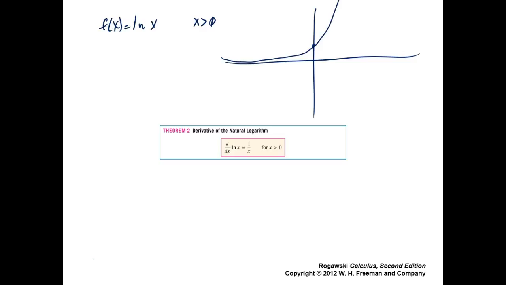Now for log to be its inverse, it would have to go through 1, 0, right? And it would then go like this. And sure enough, those two functions reflect across the identity function. So this is log, that's exponential here. Log is not defined at 0 and is never, ever negative. So that's why you have to have x greater than 0. Not equal to 0, greater than 0.